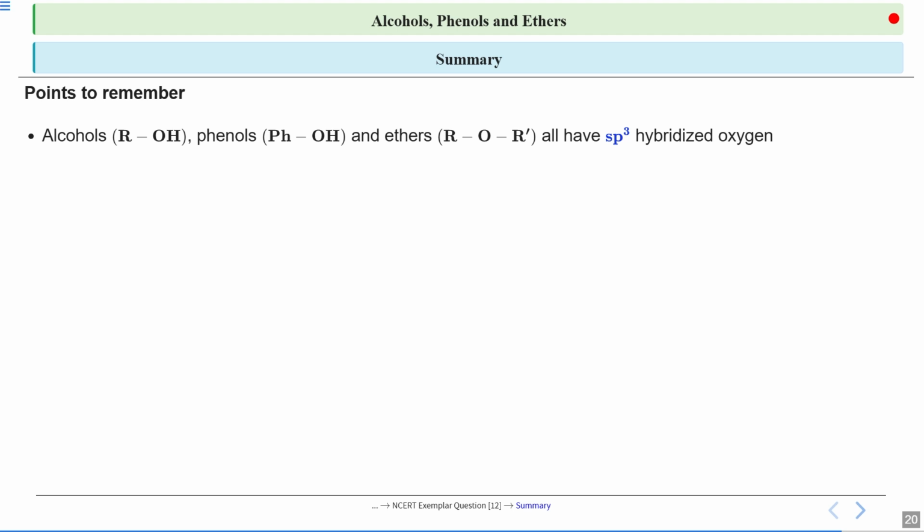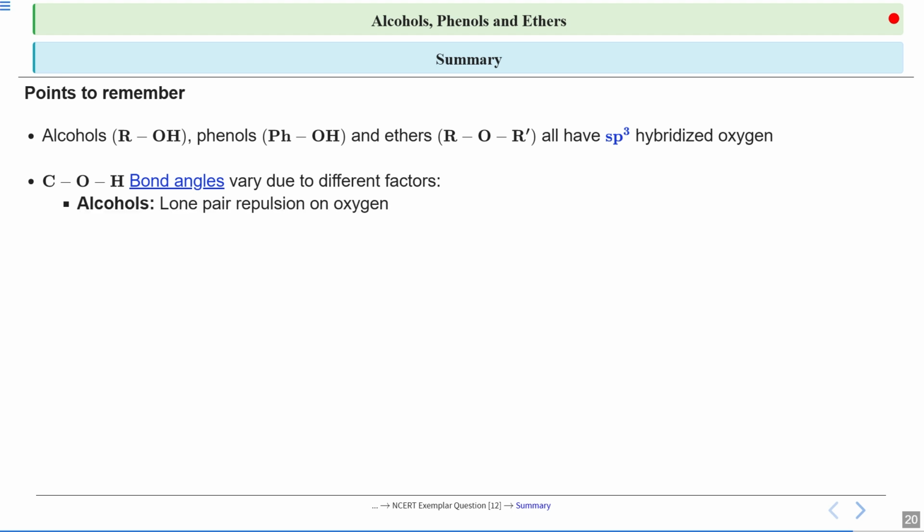The oxygen in all these molecules, alcohol, phenol and ethers, is sp3 hybridized, and the COH bond angles vary due to different factors in the different molecules. And what are these factors? If we talk about alcohol particularly, there is lone pair repulsion on the oxygen atom.